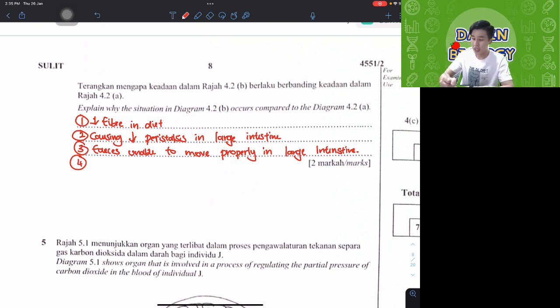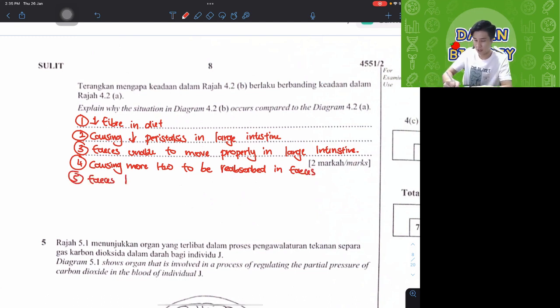So we can say causing more water to be reabsorbed in feces.